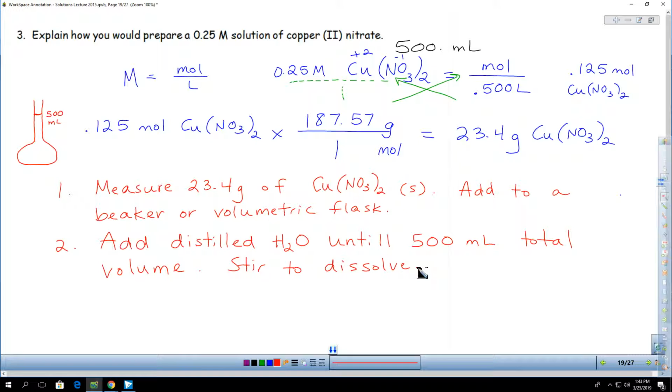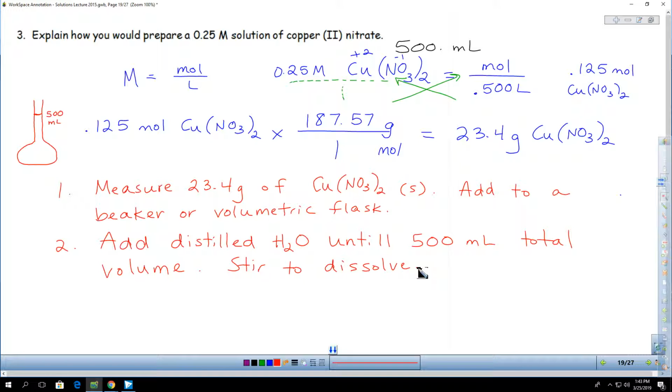They have volume. So we put the solid in first, and then I don't measure the water. I just add water until I hit the desired volume. So technically, it's probably a little bit less than 500 milliliters of water. But that's taking into consideration the volume occupied by the copper ions and the nitrate ions.